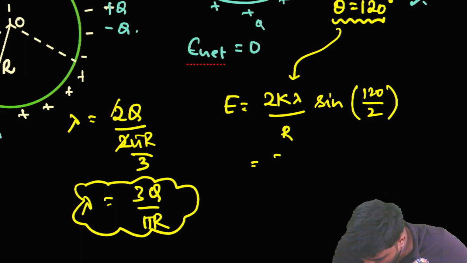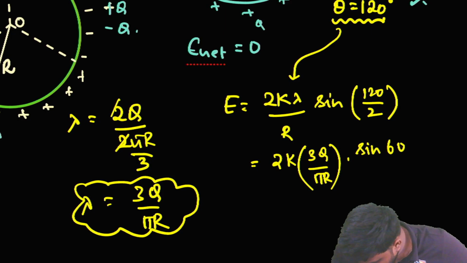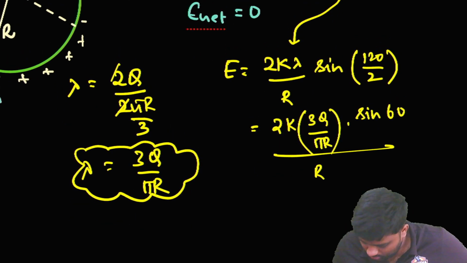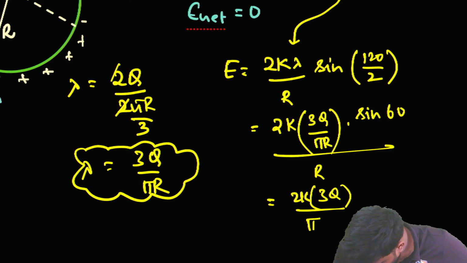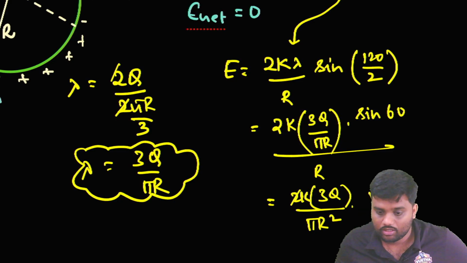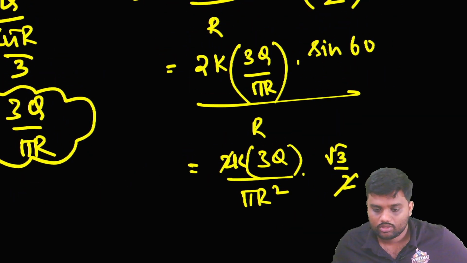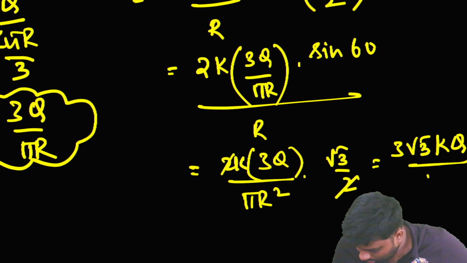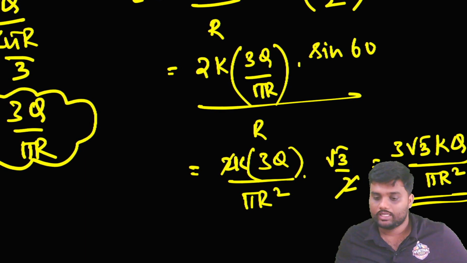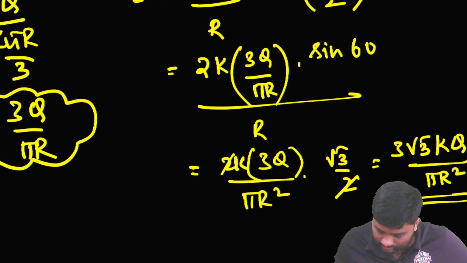Now this is equal to 2k times 3q by pi r, times sine 60, divided by r. That is 2k times 3q upon pi r square, and sine 60 is √3/2. The 2 gets cancelled, so you are left with 3√3 kq upon pi r square.